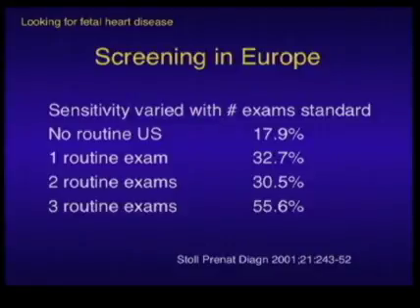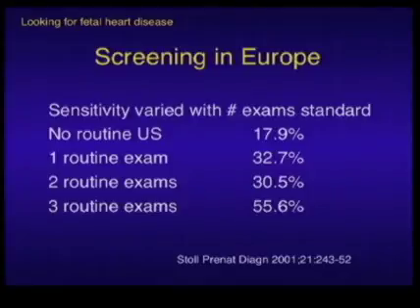So in areas that had no routine ultrasound as their standard, only about 15 to 20% of cases were detected. If one or two exams were routine, about a third of cases were detected. In places like Germany, where it is required by law to give women 3 ultrasounds in pregnancy, 55% were detected.